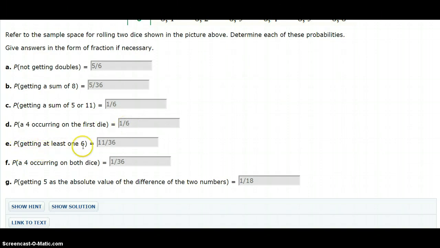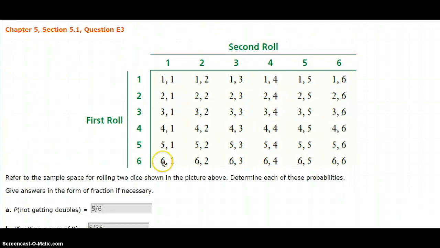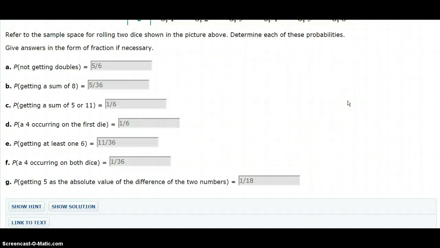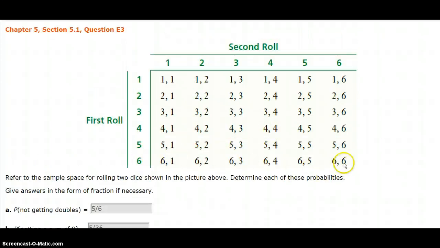Probability of getting at least one 6. Well, you might think it's 12 because we have six different ways to get a 6 on the first, 6 different ways to get a 6 on the second. But these events are not mutually exclusive. Because it is possible to get 6 on both of them. And so we notice that if we count these up, we're going to get 11.